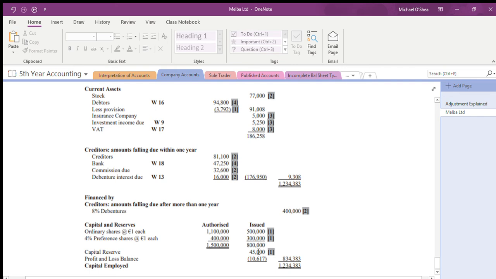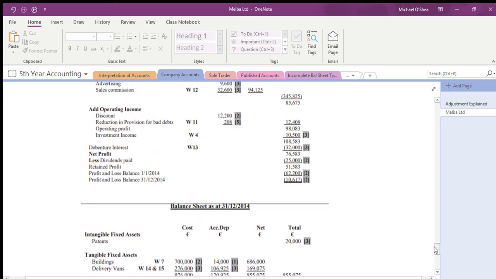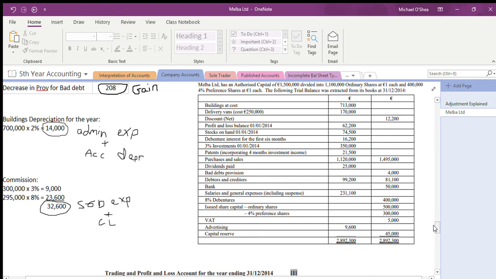This is my capital reserve. My capital reserve is just sneakily thrown into the question here at the bottom. It's a reserve figure. Reserve figures go in the financed by. We actually haven't seen that before, but I have a guided brief on this where I've included stuff like that. So this capital reserve figure is on the credit side, making it a long-term liability.